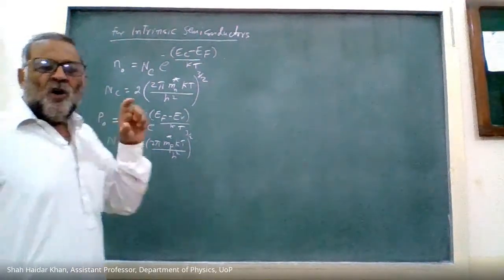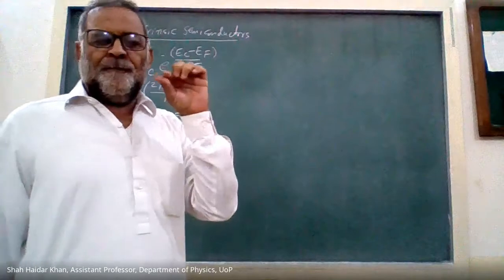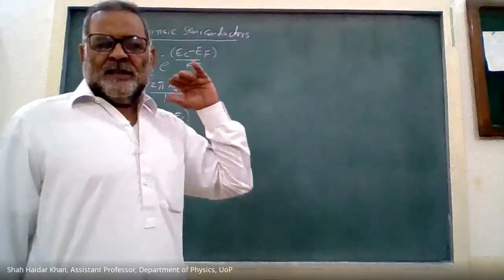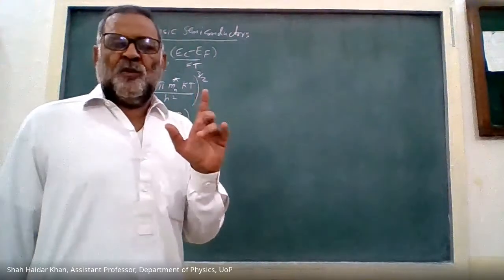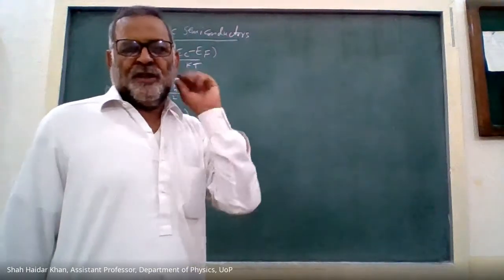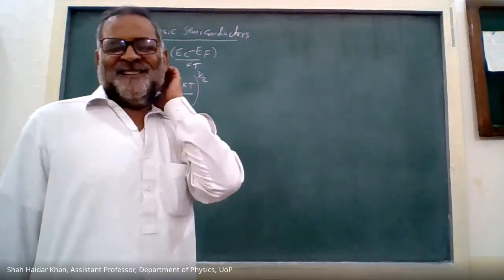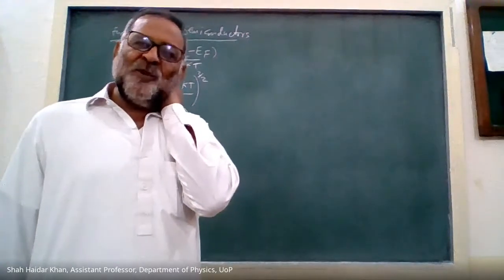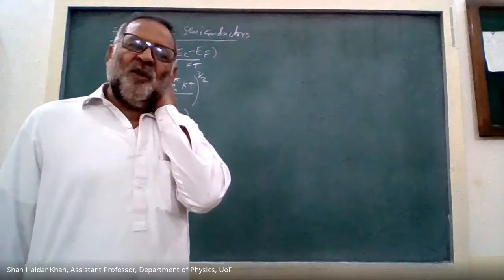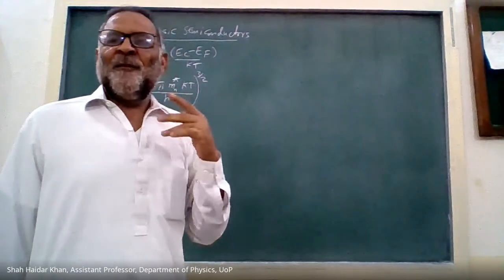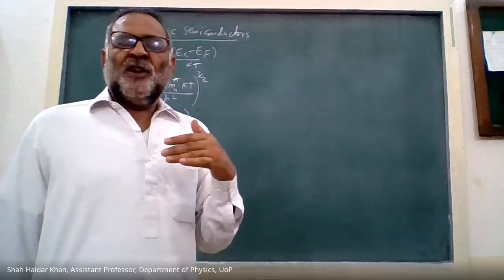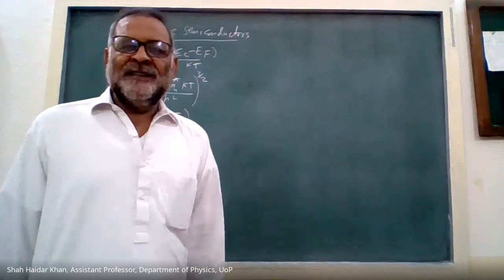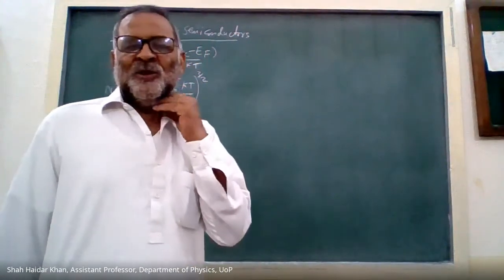So how the electron concentration changes is also related with the position of the Fermi level. Generally, we said the Fermi level should be somewhere in the middle of the band gap. We define the Fermi level as the energy below which all the states are filled at T equal to 0.